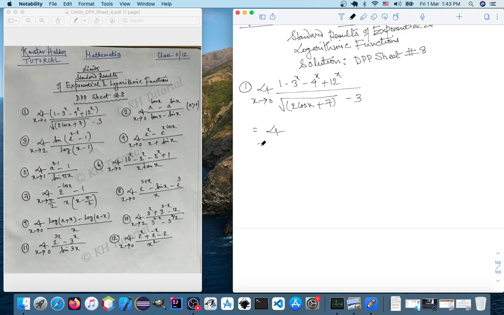We can see that 12 to the power x we can write as 4 to the power x into 3 to the power x, and let's rationalize this.